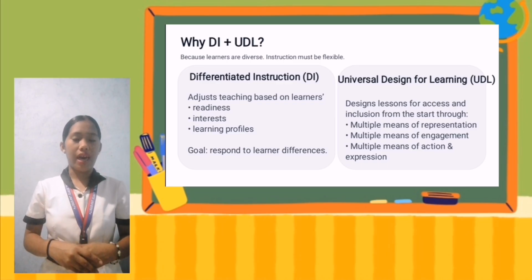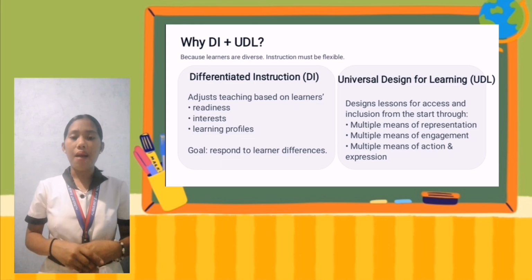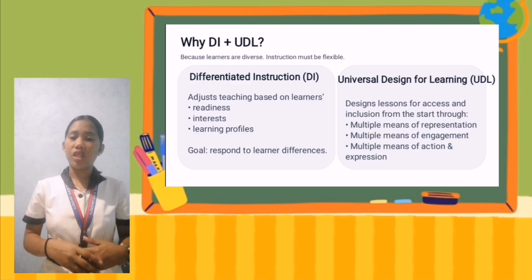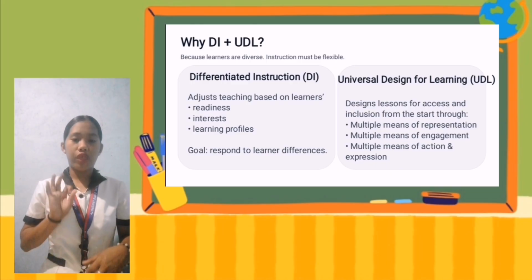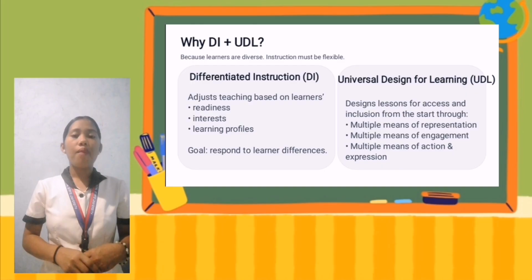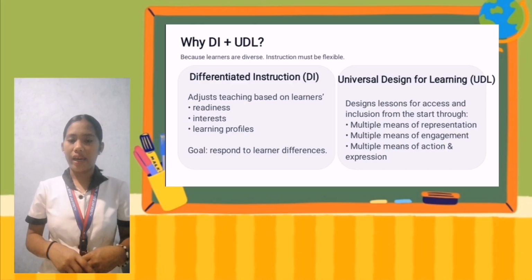DI and UDL are very important because learners are diverse and instruction must be flexible. In differentiated instruction, or DI, teachers adjust teaching based on learners. There are three types: readiness, interest, and learning profile.